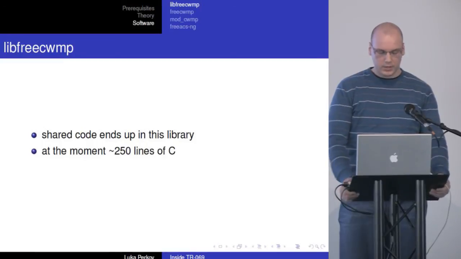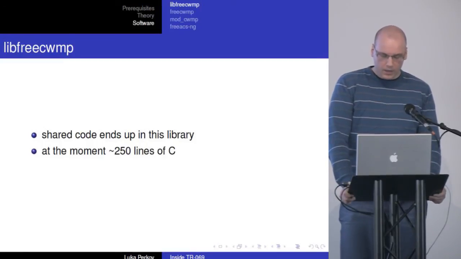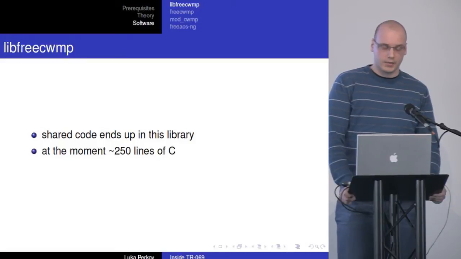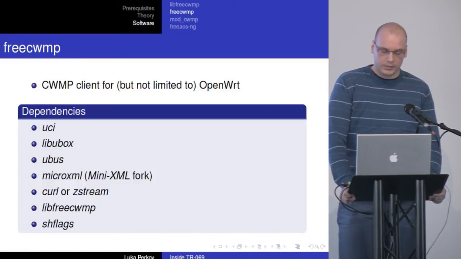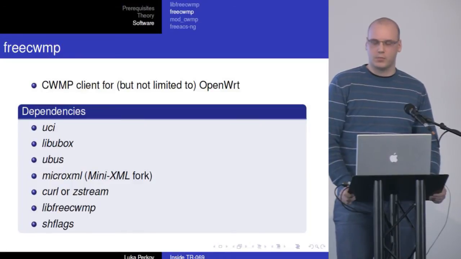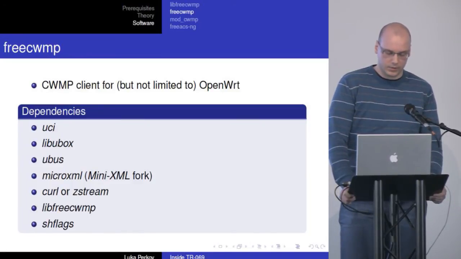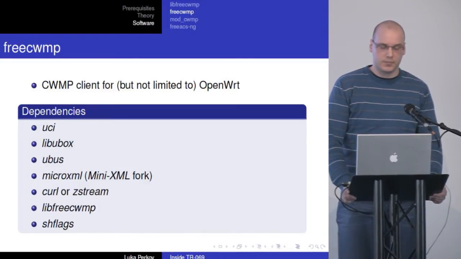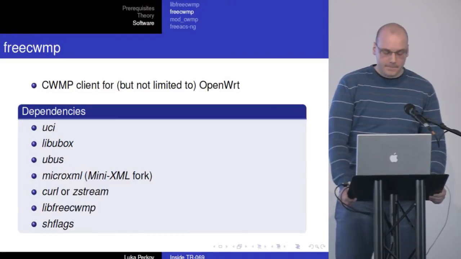Okay, freecwmp, like I said, is a CWMP client. It runs on OpenWRT, and it reuses most of the user space libraries that were written for OpenWRT by other OpenWRT developers. You can run it on other systems. For example, I run it on my PC.